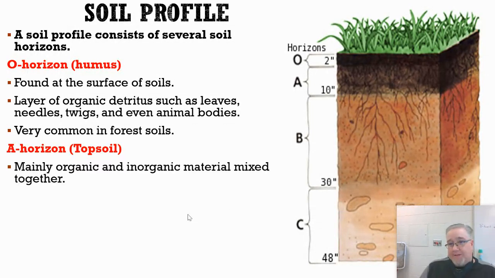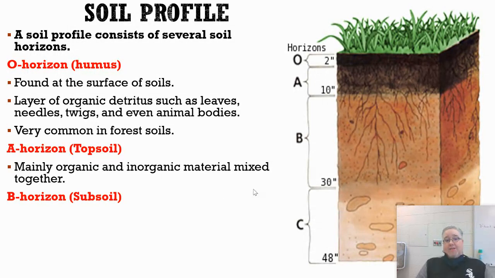But the A horizon, since it's below the O, is mostly organic matter, but there's also some inorganic material mixed with it. So it's a nice mixture of both organic and inorganic. It's probably a little bit more organic than inorganic because it's so close to that O horizon, but that's what we call the topsoil.